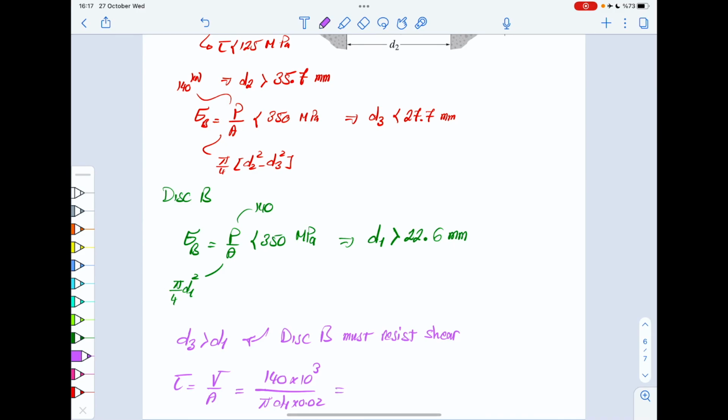So eventually, it gives you 98.6 megapascal, if you use this D1, the one that we calculated up there, 22.6 millimeters. You get a stress that is smaller than 125 megapascal, so that means it's safe too.